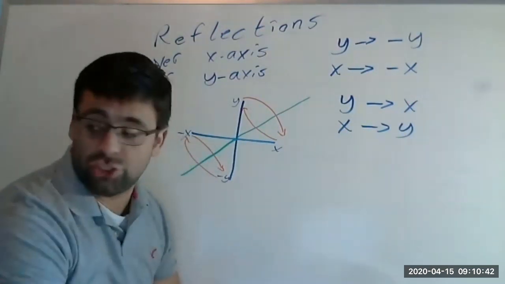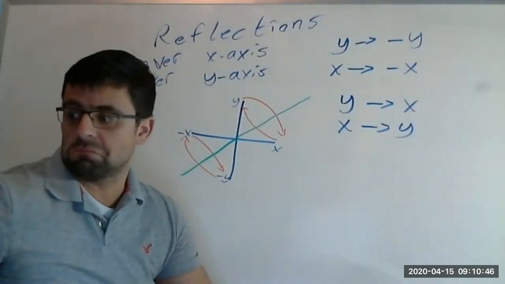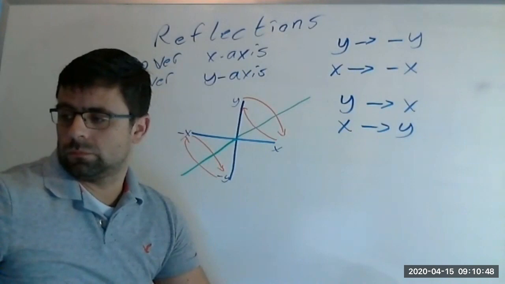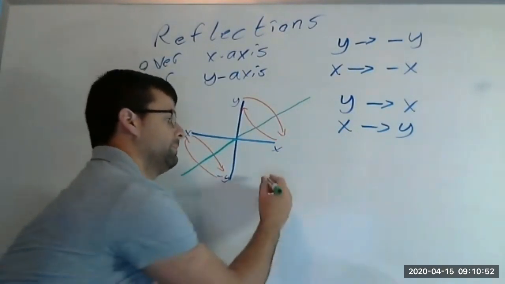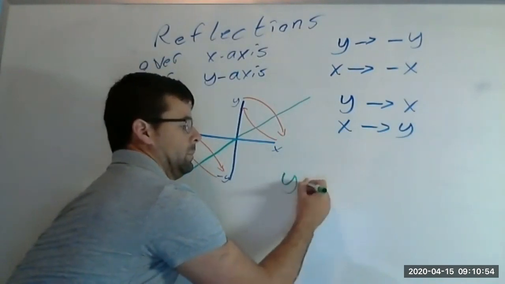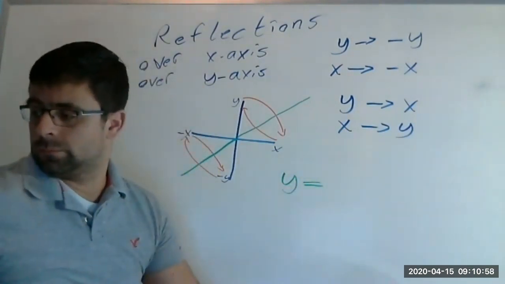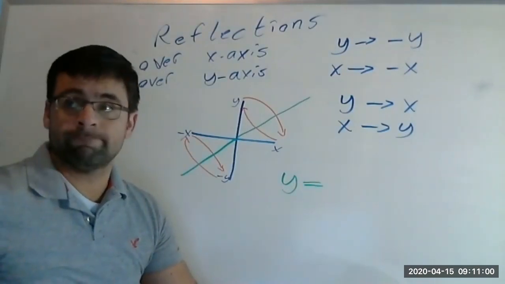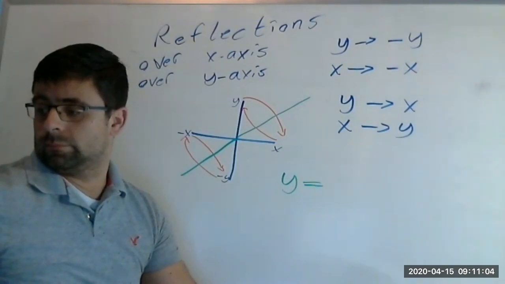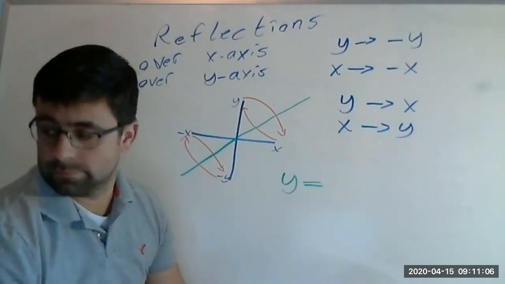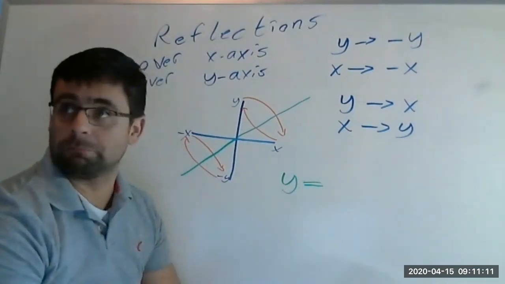So what is the general equation for any kind of line? General form. Y equals what? Come on, y'all.